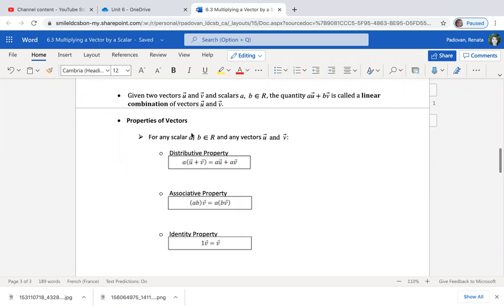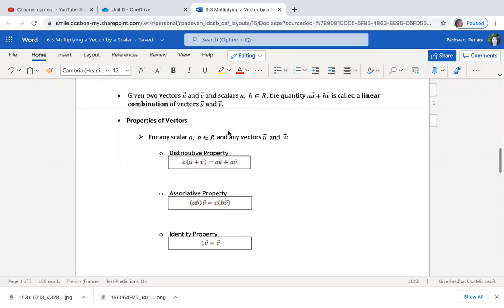So some properties of vectors. For any scalar, which is a constant, right? A is a number, B is a number belonging to the set of real numbers. And for any vector that I have, vector U and vector V, these statements hold true. So, distributive property, hopefully back from grade 9.